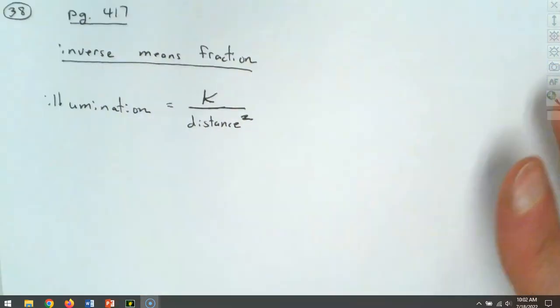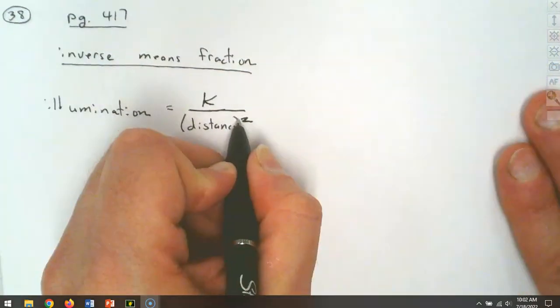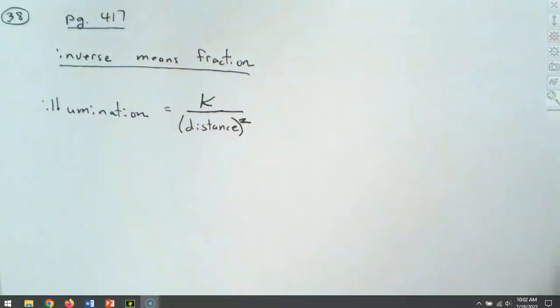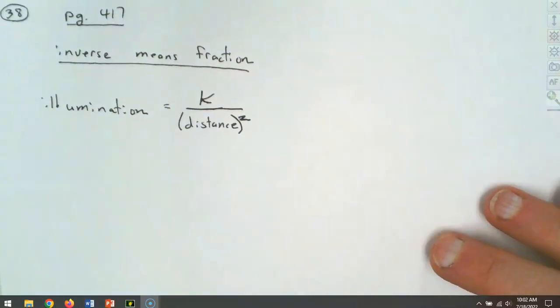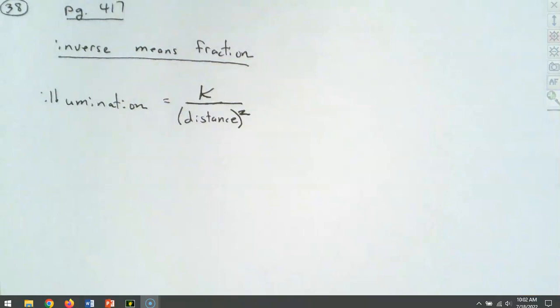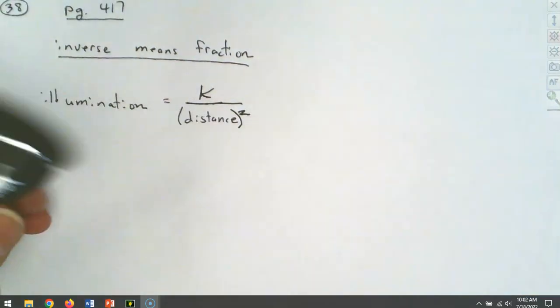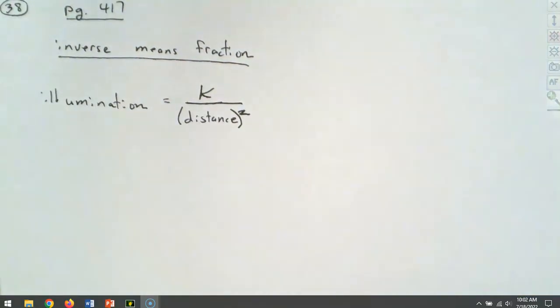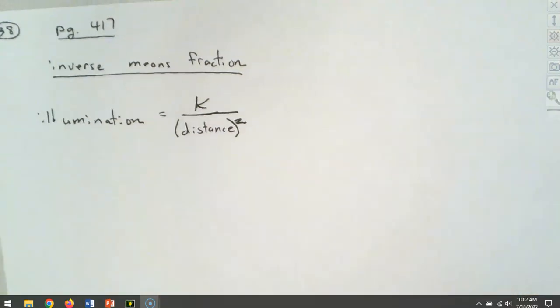So that's our only difference. Instead of it just being inversely, now it's inversely to the square. If it would have been inversely to the cube, then this would be a 3 power. But it will tell you how to write it. If it says square, it's 2. If it says cube, it's 3. It could be a square root. If it was a square root, you just put the square root down.